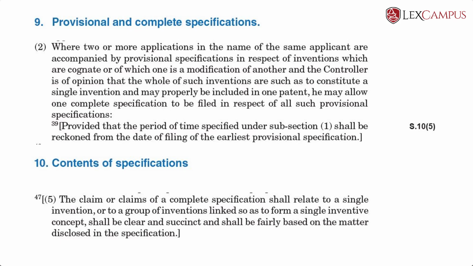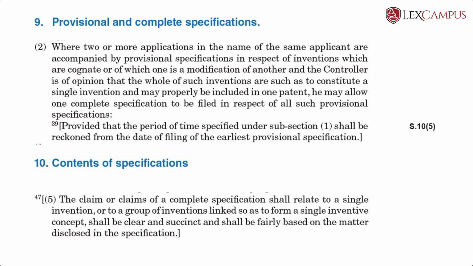So, this provision tells you that there could be multiple provisional specifications filed covering various aspects of one invention. You can follow multiple provisional specifications with one complete. So, the disclosure made in a provisional, as far as it relates to a single invention, can be followed up by one complete.